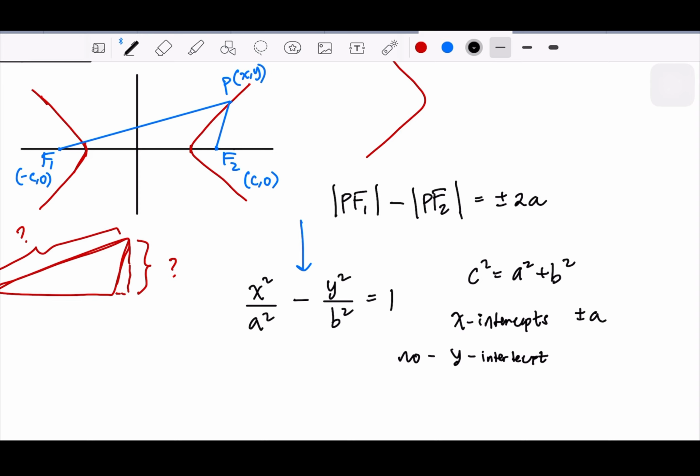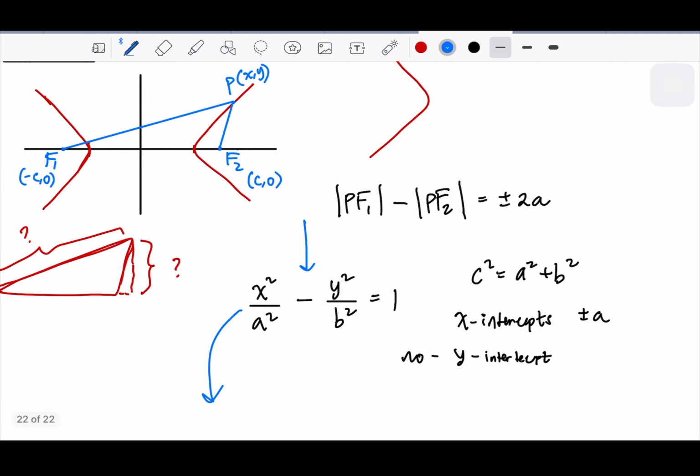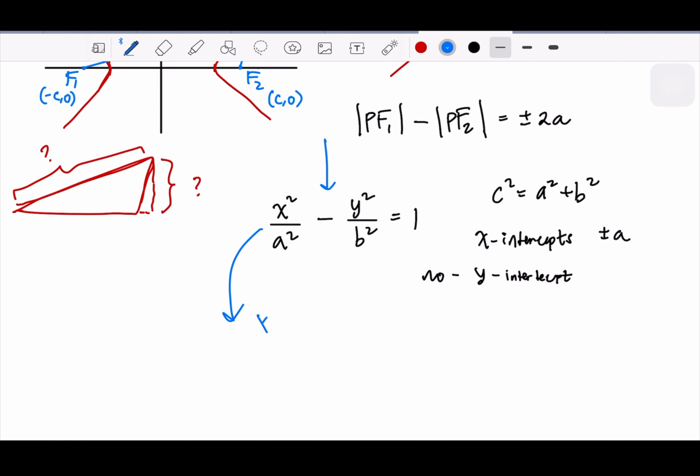Okay, to analyze the hyperbola from here, we can write down that x squared over a squared is equal to 1 plus y squared over b squared, which clearly, we see from this equation that x squared over a squared is greater than 1, right?